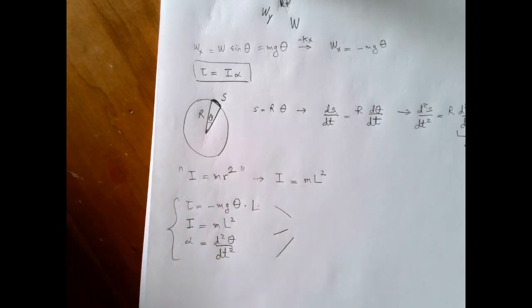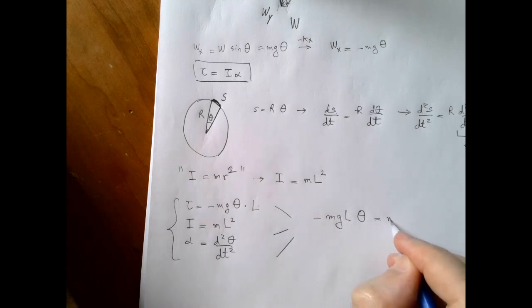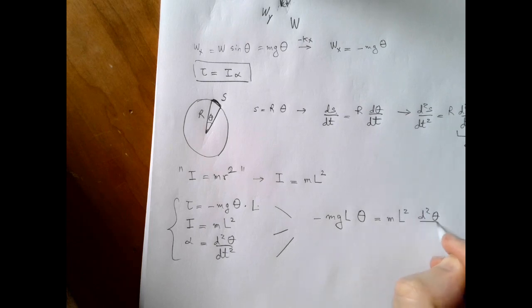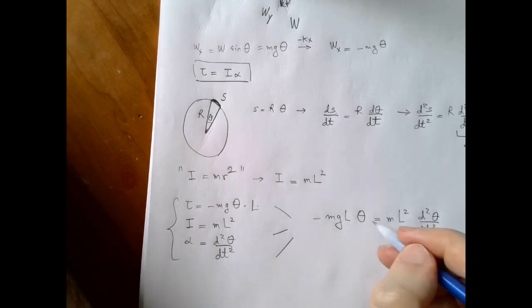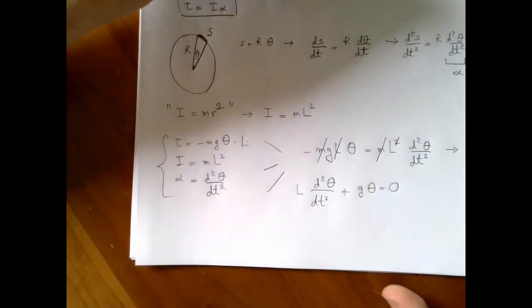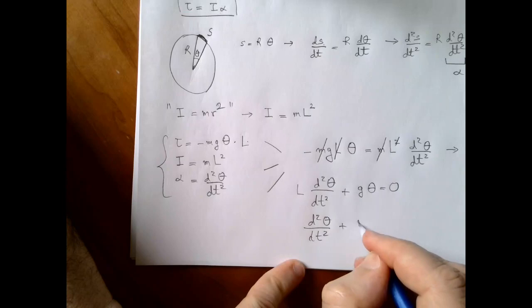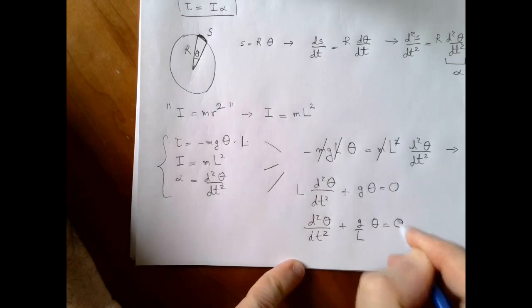When everything is put together, we have minus mgL theta equal to mL squared d2 theta/dt2. The mass cancels out. One L cancels out. So we are left with d2 theta/dt2 times L plus g theta equal to 0. Or rearranging the terms, d2 theta/dt2 plus g over L theta equals 0.